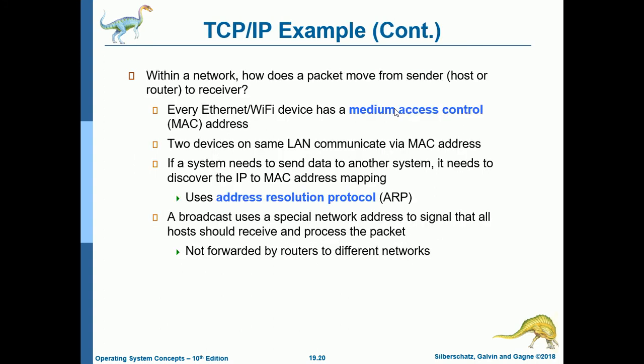Okay, next, within a network, there's a question: how does a packet move from sender, host, or router to receiver? Every Ethernet or Wi-Fi device has a Media Access Control, or MAC, address. So what is this MAC address? This is also unique to every device that can connect to a network, just like the IP address. So what's the use of this?